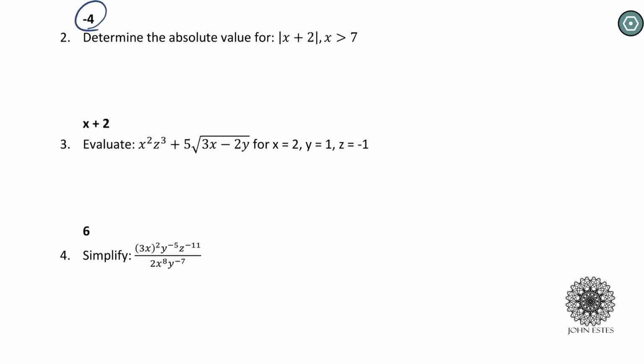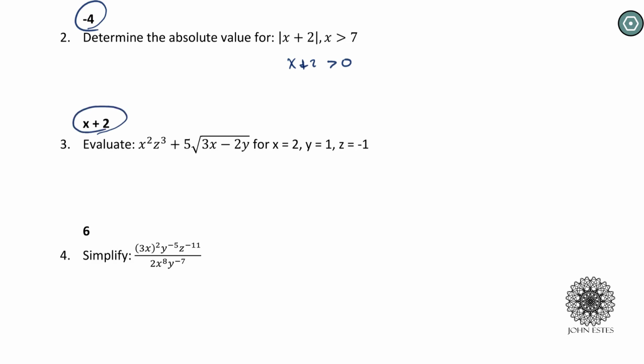For number two, I want to determine the absolute value for x plus 2 for x greater than 7. So what I have to remember then, for x plus 2, if x is greater than 7, this is always going to be greater than 0. So because of that, I can simply drop the absolute value and end up with x plus 2.